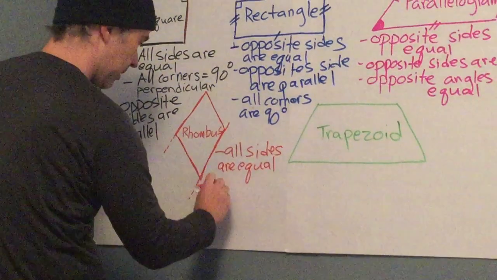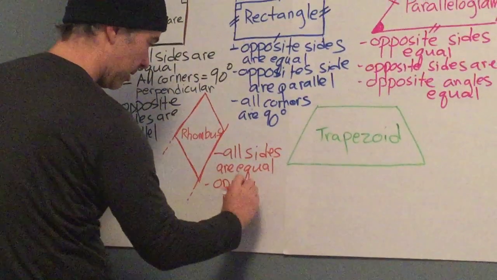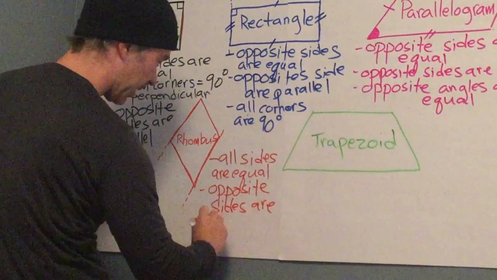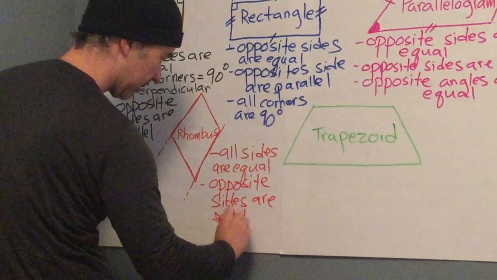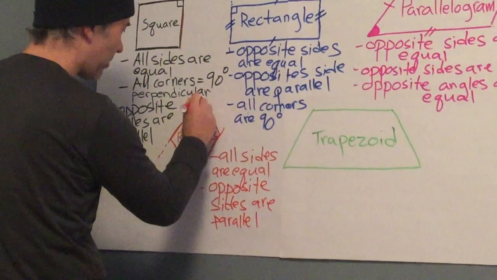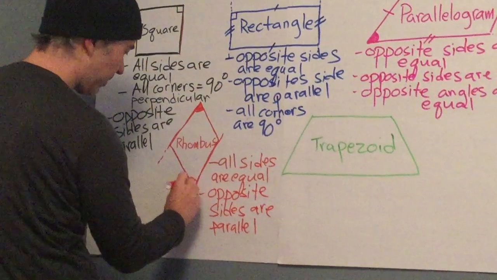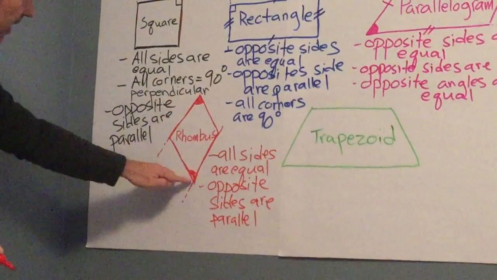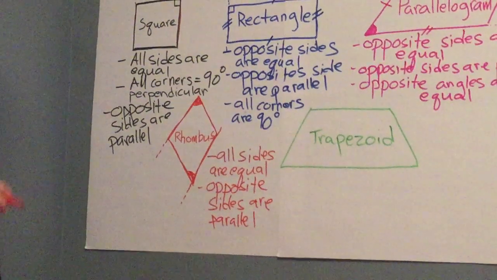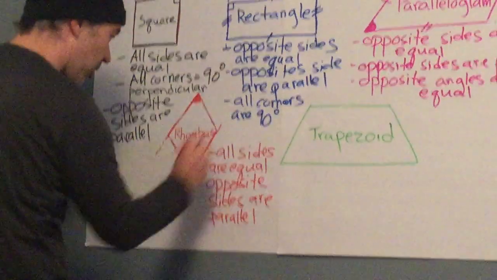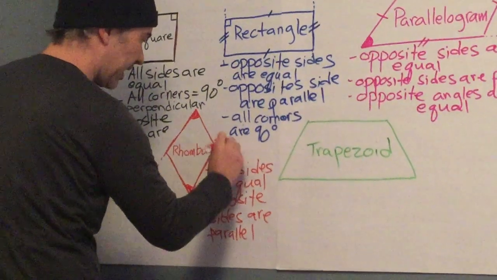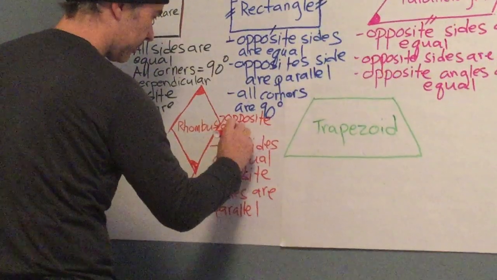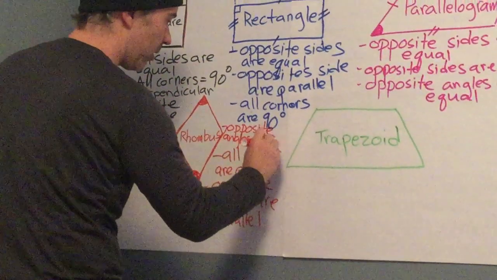Yes. Opposite sides are parallel. And what can we say about the angles? What do you notice about the opposite angles of a rhombus? This angle and this angle. They're the same, they're equal. So we can also say that opposite angles are equal.